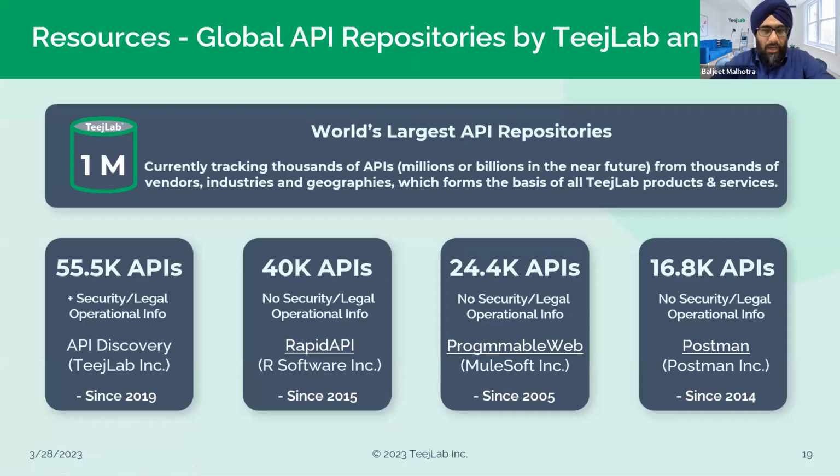We have an API knowledge base. This is the world's largest API knowledge base. We are tracking thousands and thousands of APIs across different products, services, and industries, from thousands of vendors.